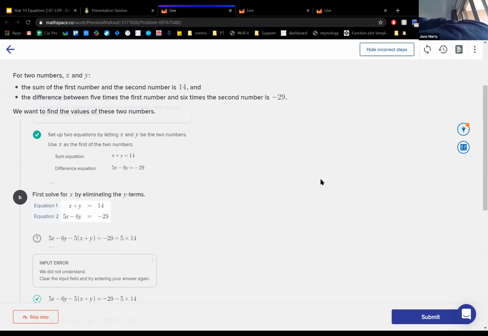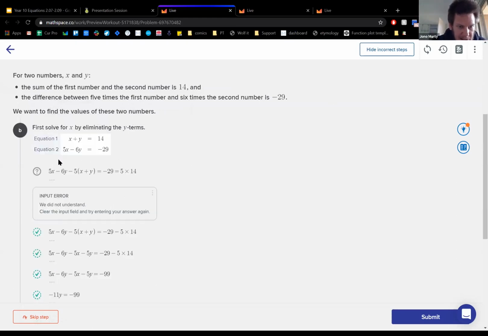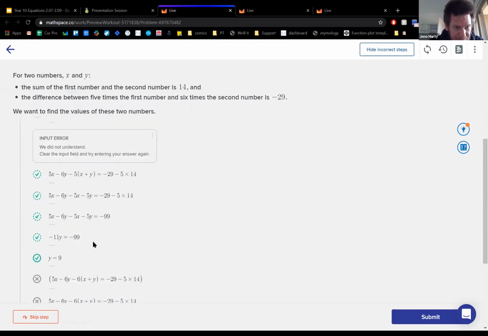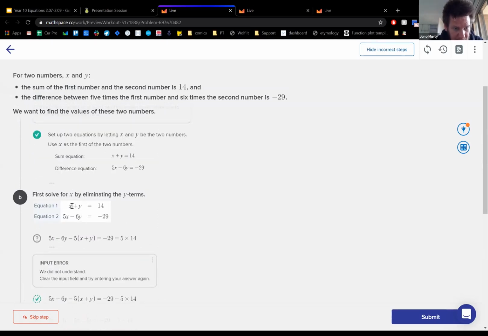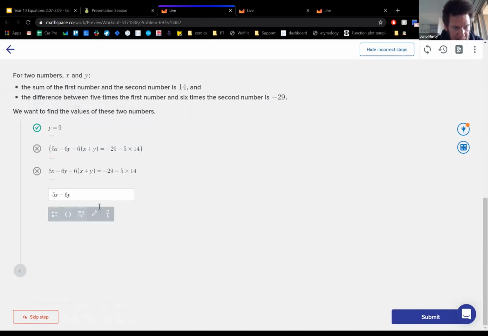I just need to plug my charger in. Solve for x, okay. Let's do it again. 5x, we know this. Add that this time, equals minus 29 plus 5 times 14. That's what I did wrong.